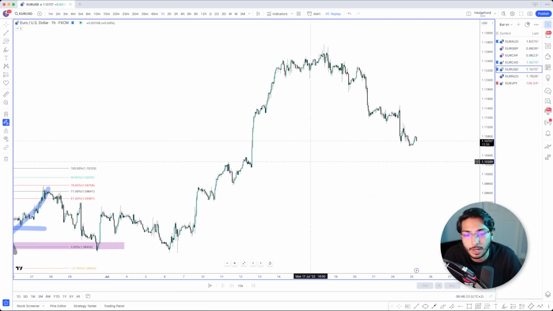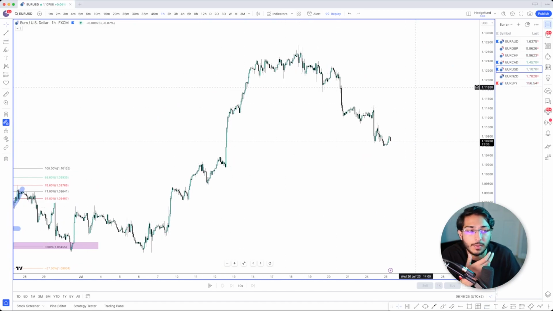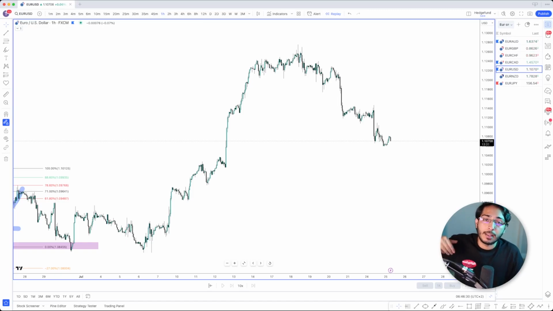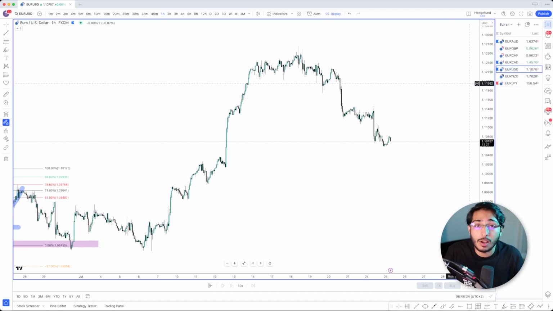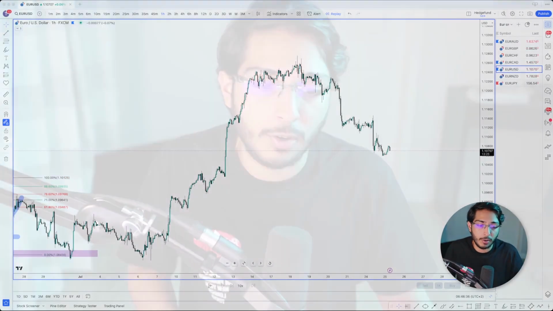So just trading with the trend is a big thing when it comes to the fib, and then adding multiple confluences will really help you along the way. It's not a single confluence which you should use to trade on your own. Trading with the fib should be added with multiple different things. The key thing about trading is once you have an area that you're interested in, you want to keep adding confluences, adding confirmations on why that trade should work out.